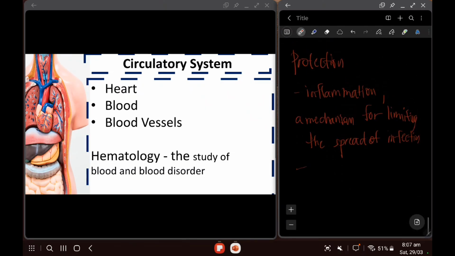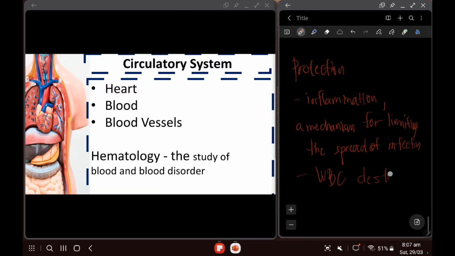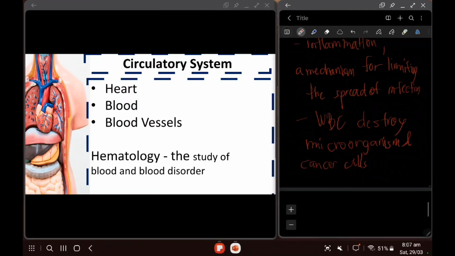Then, for protection, we have white blood cells in our blood. The white blood cells destroy microorganisms and cancer cells and remove debris from tissues.